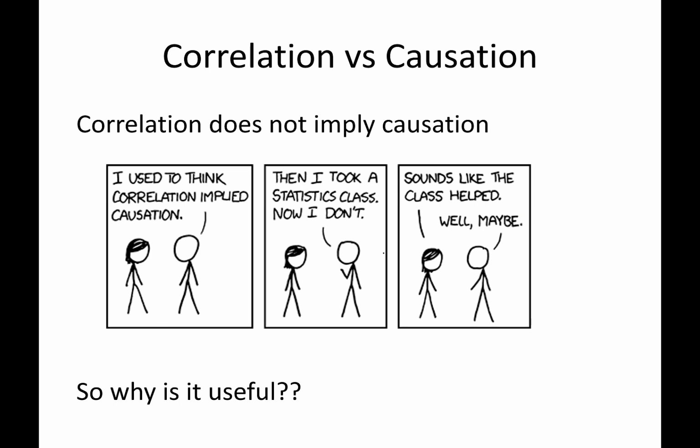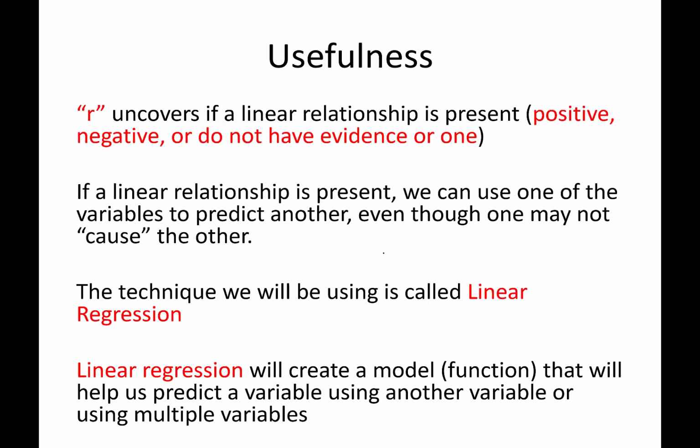So the question that we need to think about then is, why is correlation useful? Just because 2 variables are correlated with one another doesn't mean one causes the other. So what's the point of all this? Well, here's why this is important. Just because two variables are correlated, we can use that fact to make predictions.